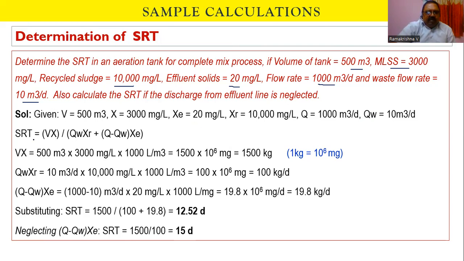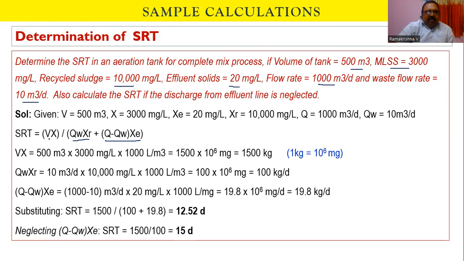So SRT is defined as the total amount of solids retained in the system divided by solids wasted from the sludge line and solids wasted from the effluent line. So Q minus QW is the amount of water going out from this clarifier, with Xe as the solids concentration. And QW is the waste flow rate coming from the sludge line with XR as the solids concentration.